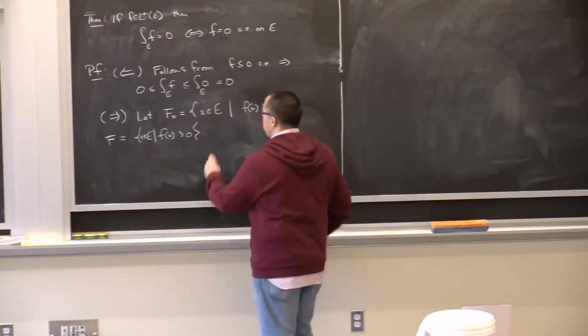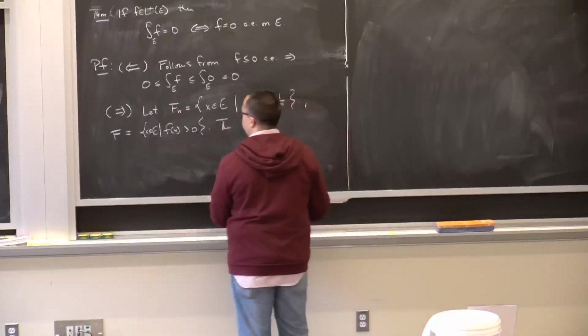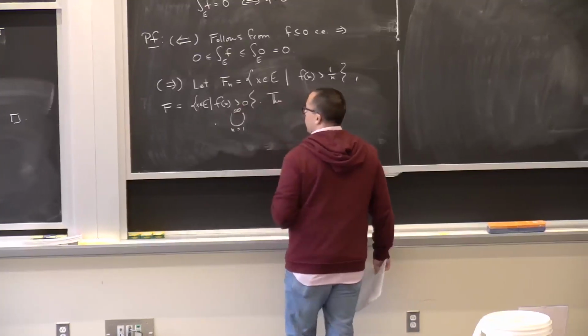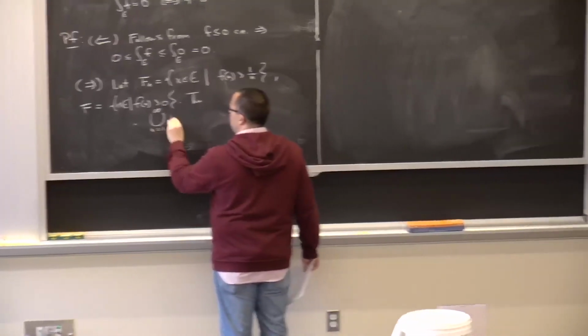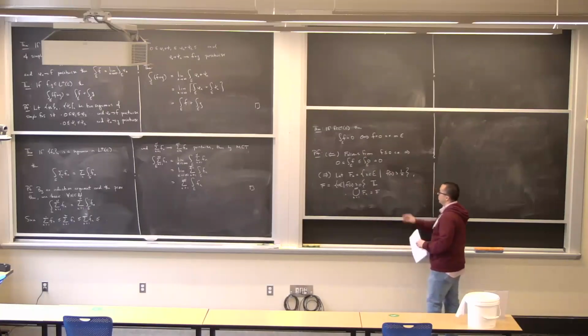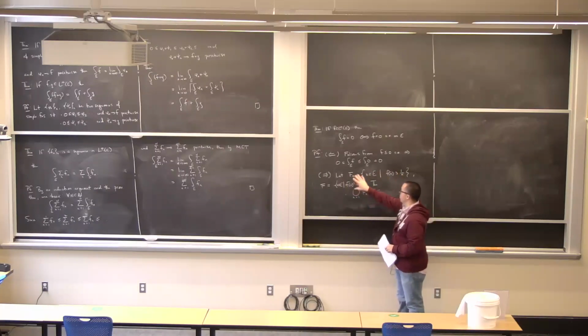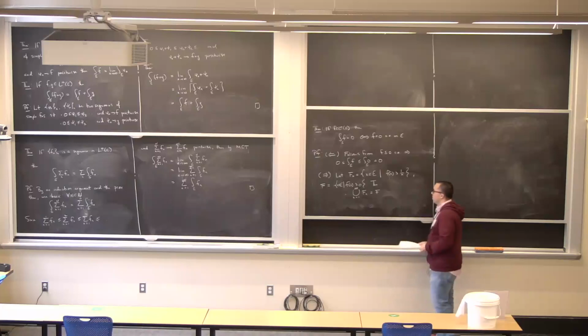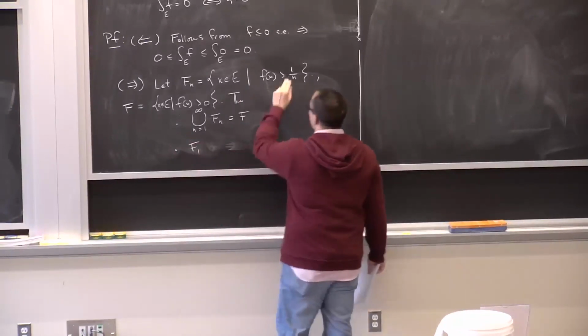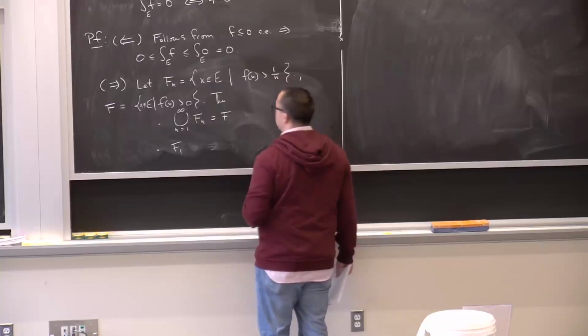Okay? So then the union from n equals 1 to infinity of the F_n's equals F. Each of these is a subset of capital F, so their union is contained in capital F, and the argument I gave a minute ago shows that capital F is contained in the union, so this union equals F. And just by how it's defined, 1 is bigger than or equal to a half, which is bigger than or equal to a third.